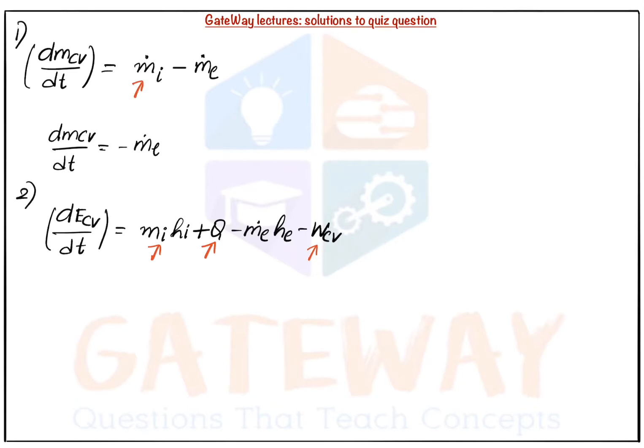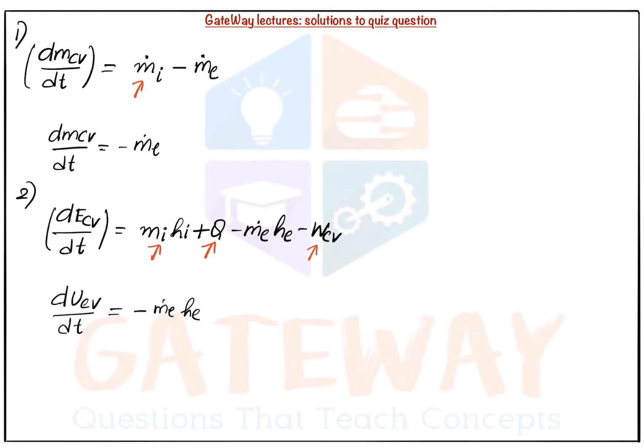Therefore we'll have only one term, and this Ecv will be nothing but change in internal energy of the control volume, so ducv upon dt is nothing but m dot e he, right? And here at the exit, the mass is leaving the tank.